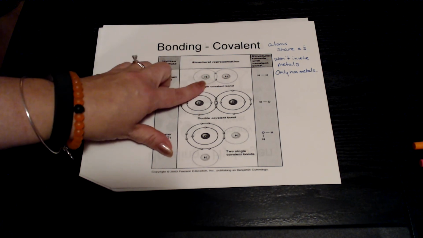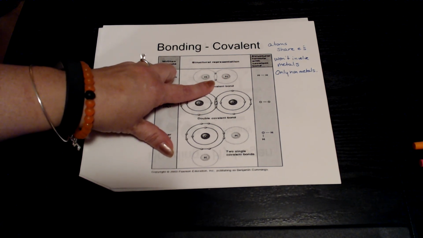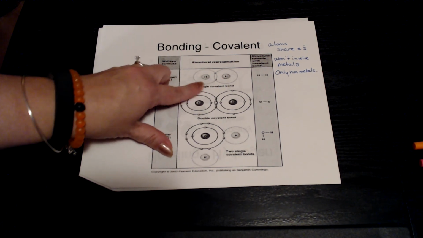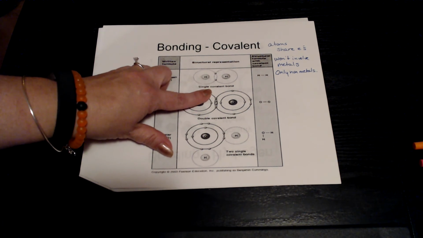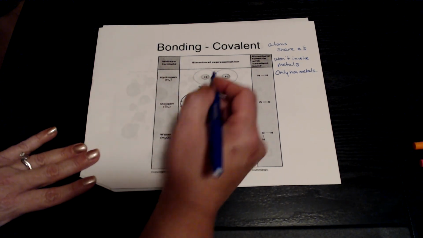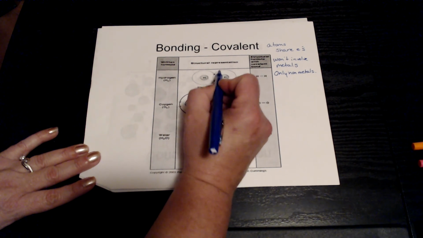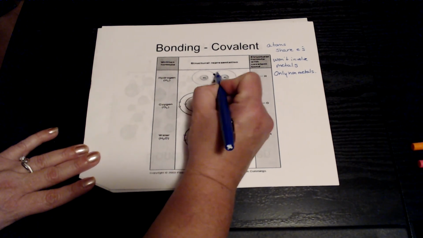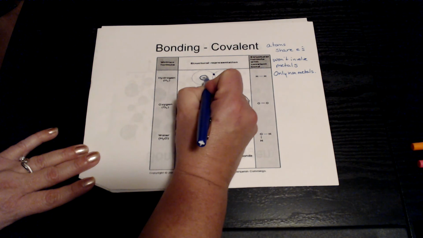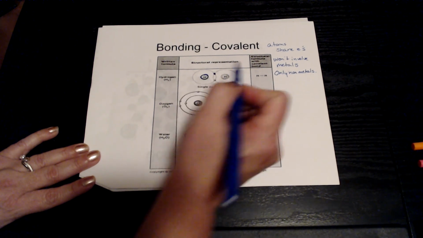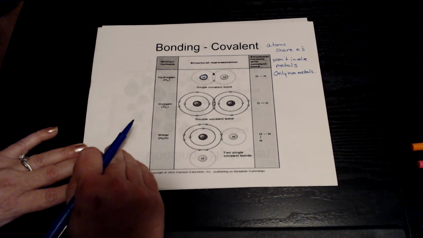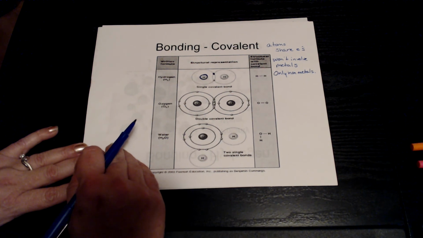If hydrogen was to share his electron with this hydrogen, then each would have two electrons in its outermost shell. And the way that works is if this is hydrogen's, I'm going to draw his proton nucleus blue to match the electron.